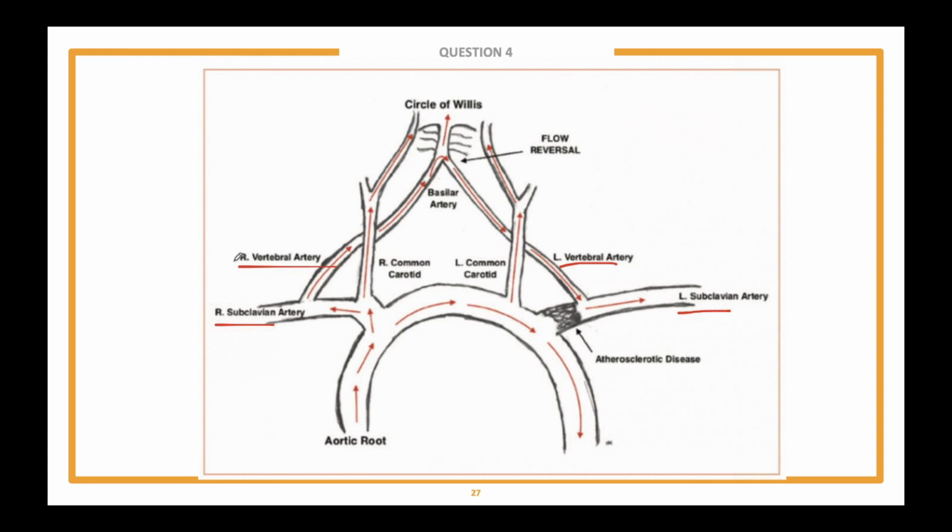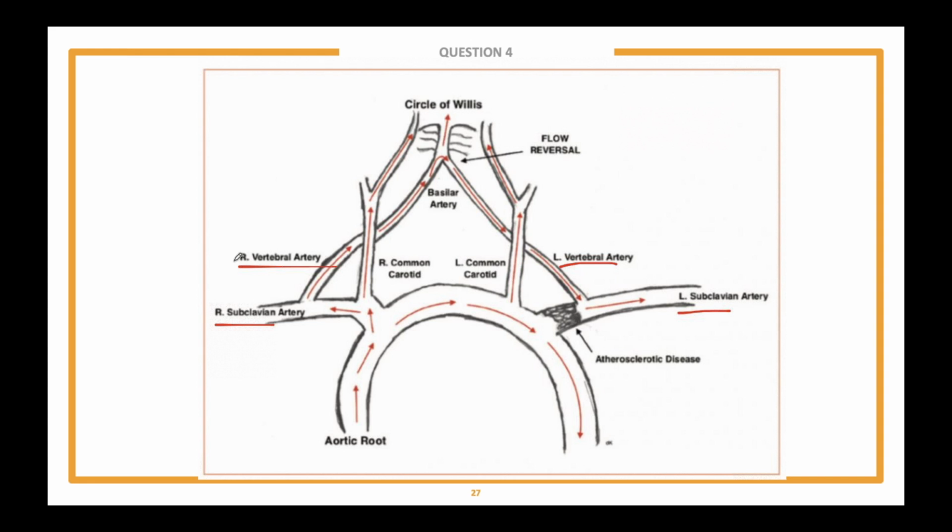So it'll flow down the vertebral artery, and you can see those red arrows, those downward arrows of blood coming down the left vertebral artery and then going into the left subclavian artery to supply blood to the left arm.